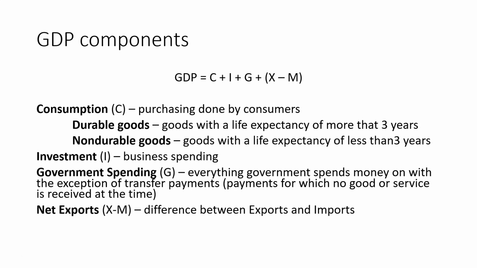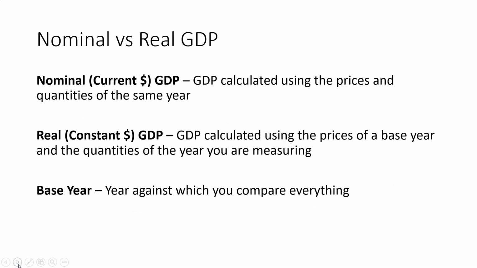Now, when we're looking at GDP, it's very important to understand what measure of GDP we're looking at. There are two measures of GDP that get used. One of them is what we call nominal or current dollar GDP.